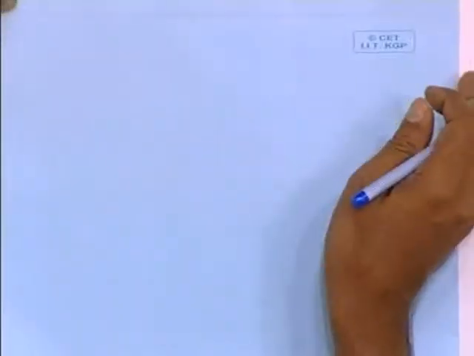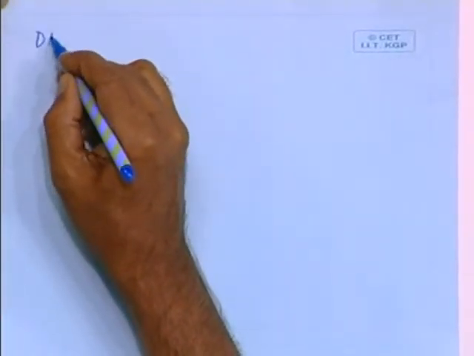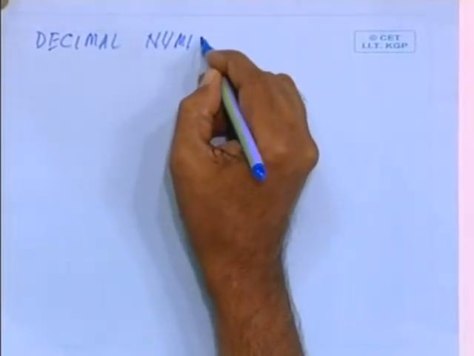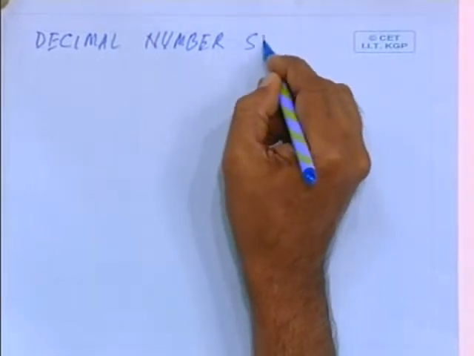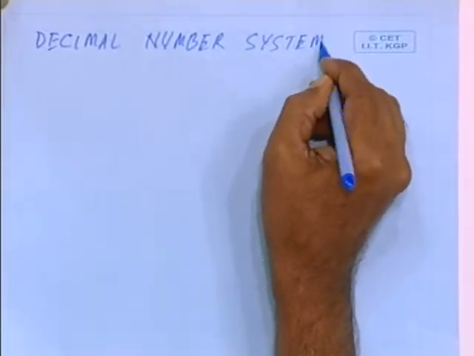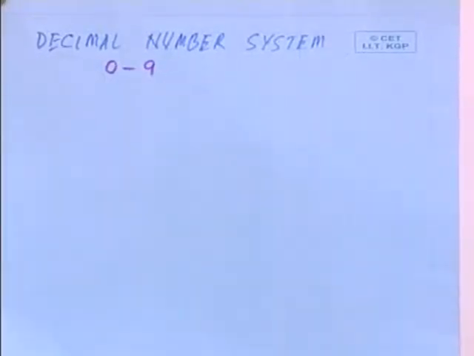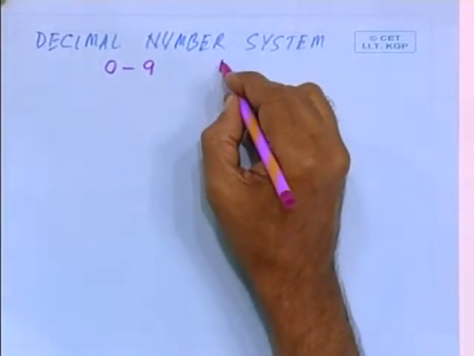And first of all, before we consider the number representation done by the processor, let us try to understand the number system with which we are familiar, that is the decimal number system. As you know, because we have 10 fingers, we use 10 symbols 0 to 9 to represent numbers, and it is called the decimal number system.